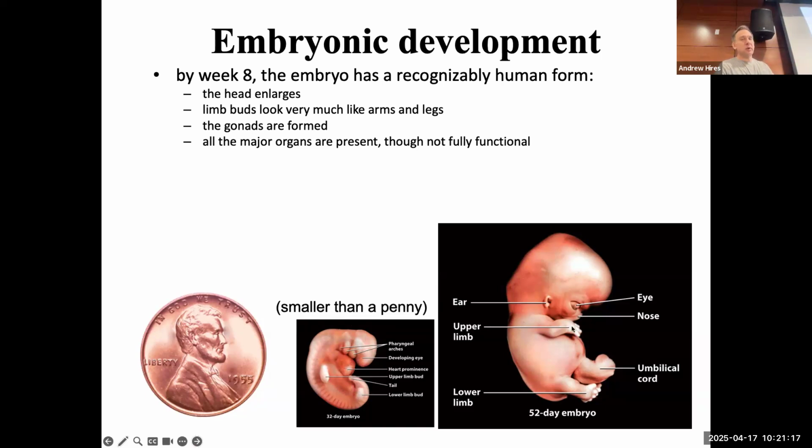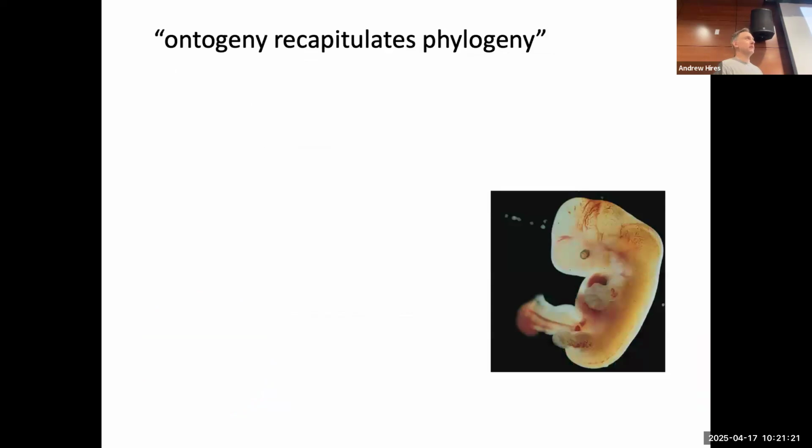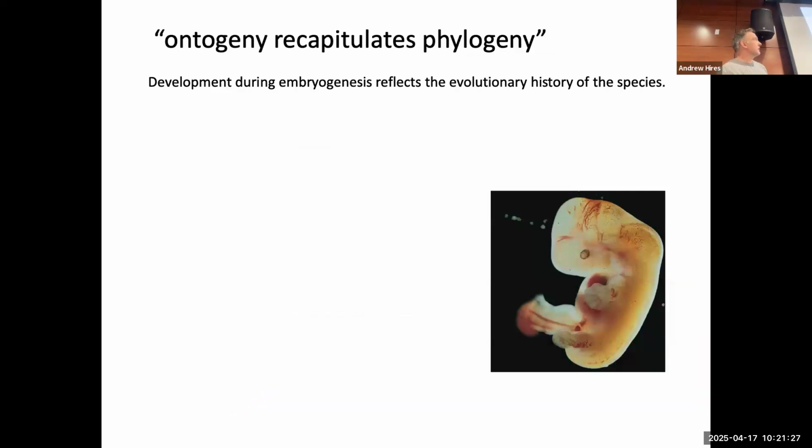And a term that you'll hear many times throughout biology is "ontogeny recapitulates phylogeny." Three really big words, right? What does it actually mean? When you hear this, you can know, oh yeah, of course, ontogeny recapitulates phylogeny. What it means is that the development of the embryo is actually going to reflect the evolutionary history of the entire species.